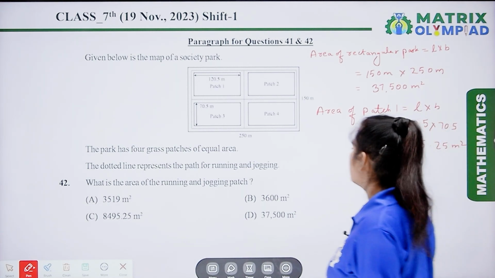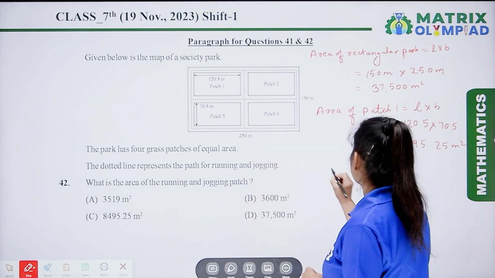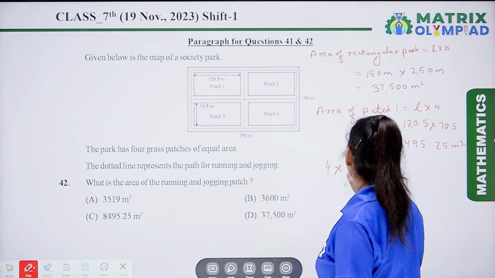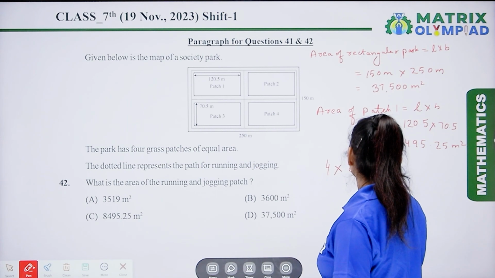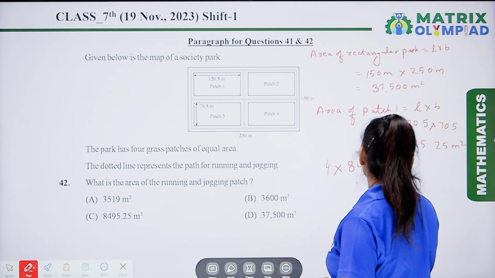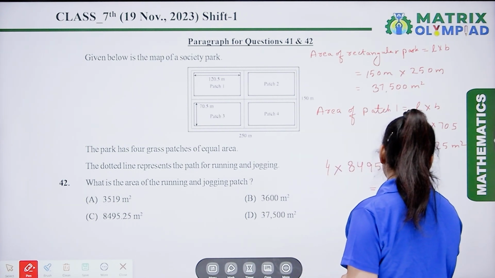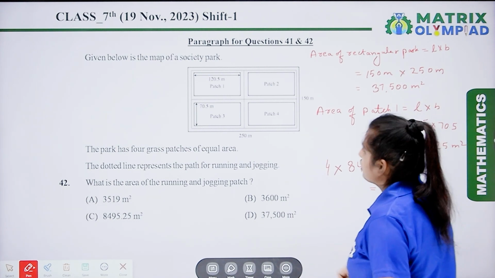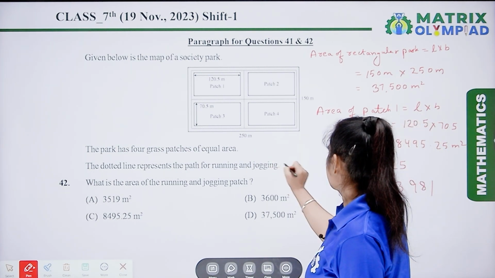So this is the area of one patch, and we have 4 patches of equal area. So we are going to multiply 8,495.25 by 4. So the answer is 33,981.